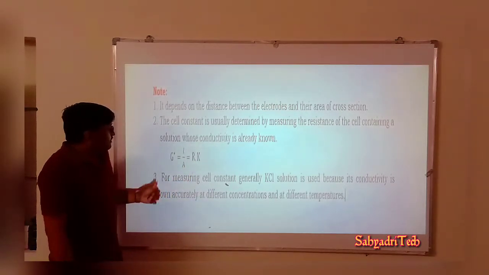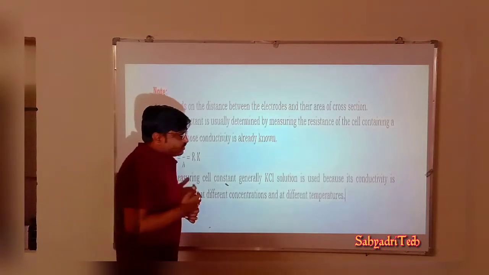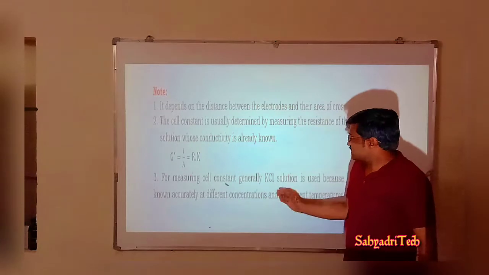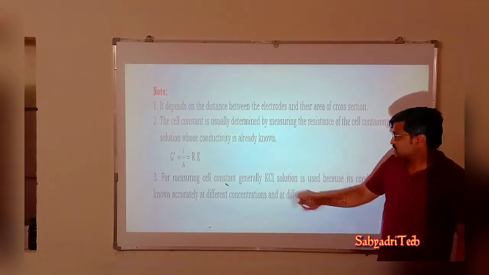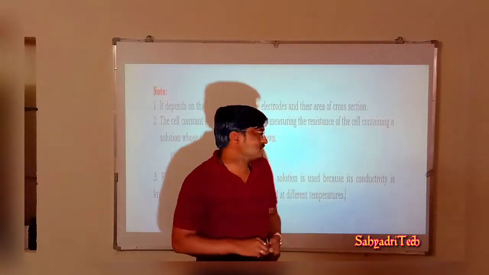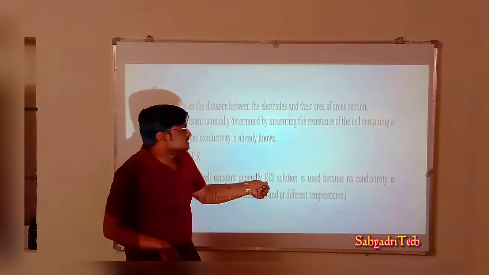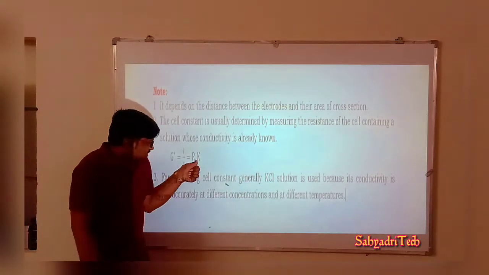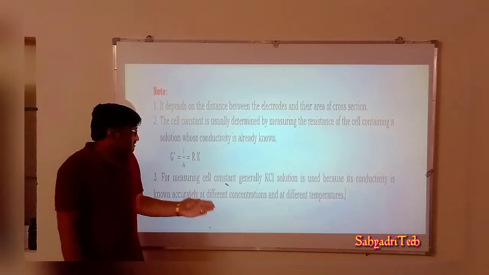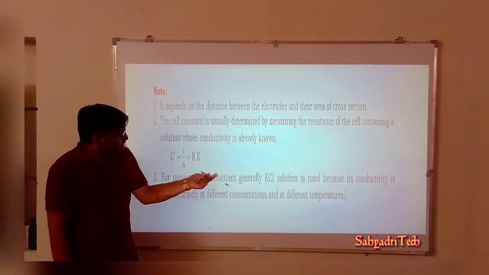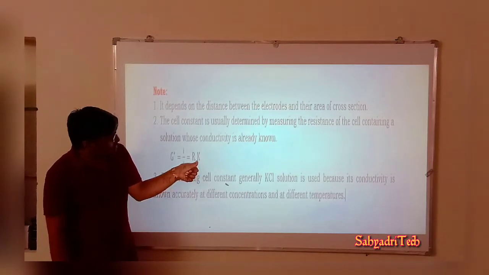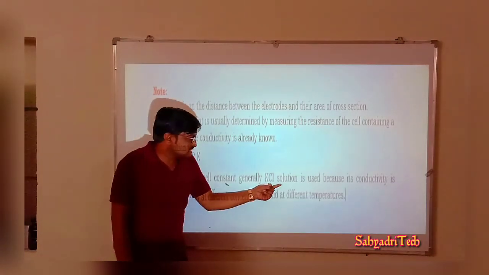Then, what type of solutions can be used here? Generally potassium chloride solutions, KCl solutions, are used to measure the cell constant of a conductor. Why KCl? Because the specific conductance, or conductivity, of potassium chloride solution is known accurately. We get accurate values of kappa for KCl solutions.